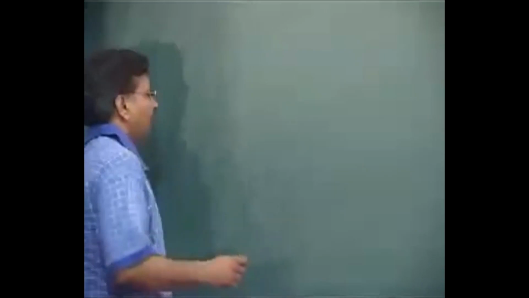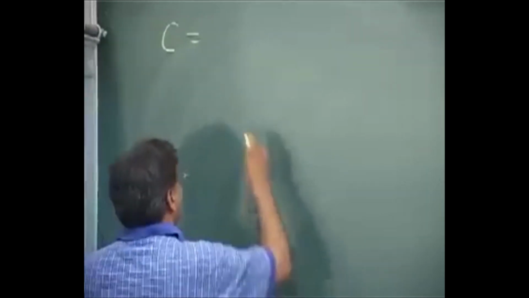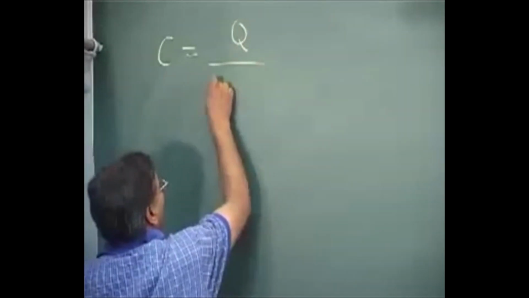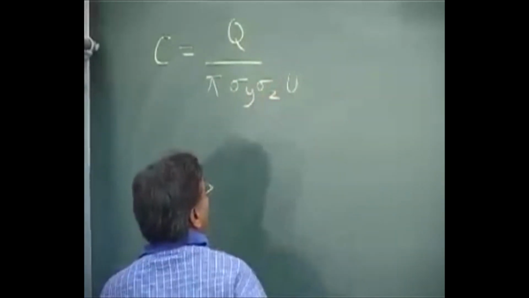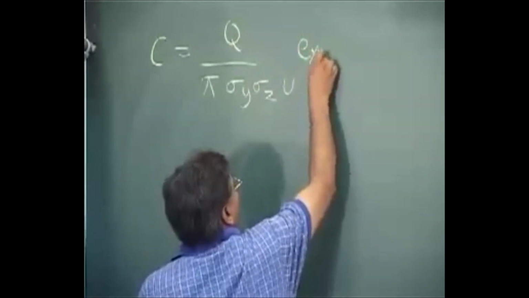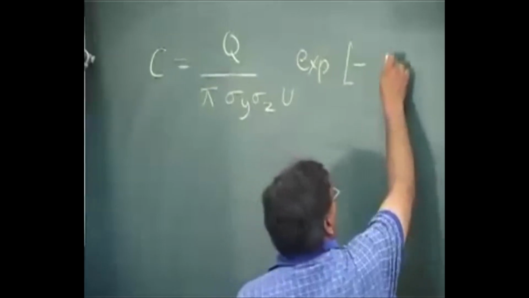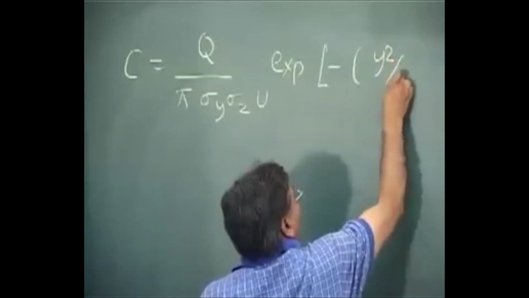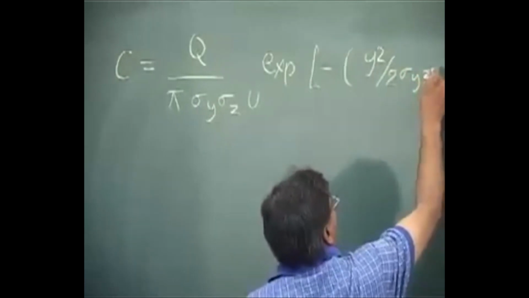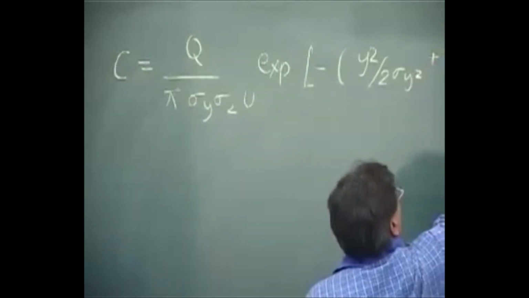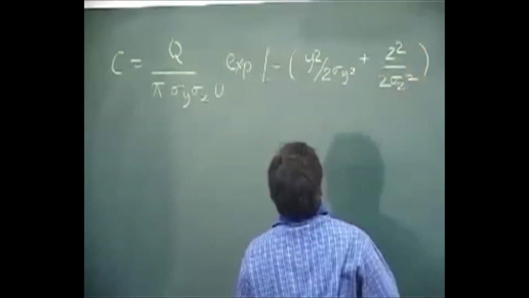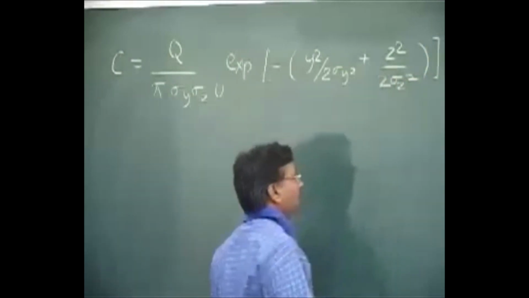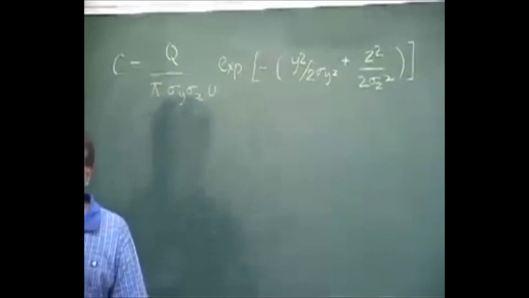That concentration, correct me if there is any mistake, was Q by pi sigma y sigma z u, exponential of minus y square upon 2 sigma y square plus z square upon 2 sigma z square. This is what is the equation we derived yesterday.